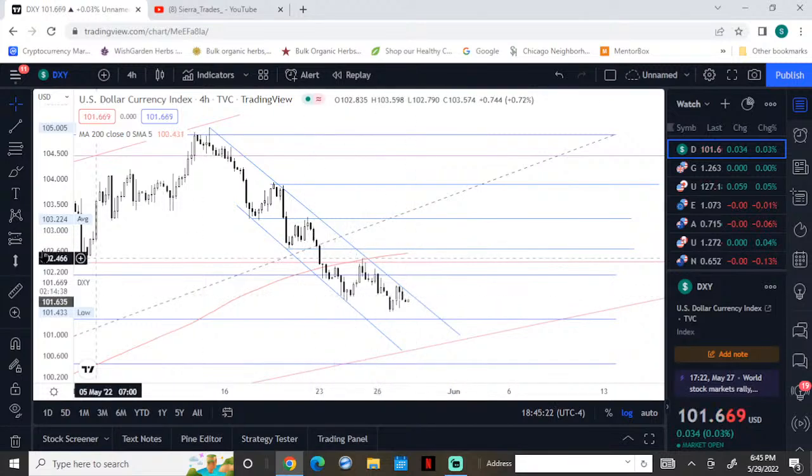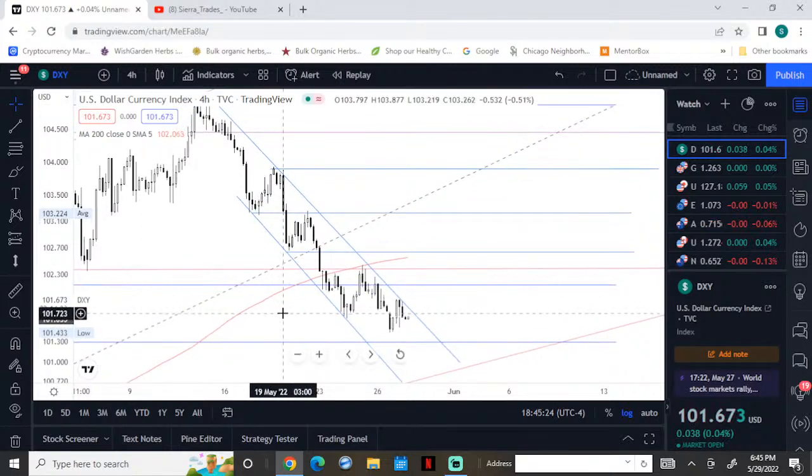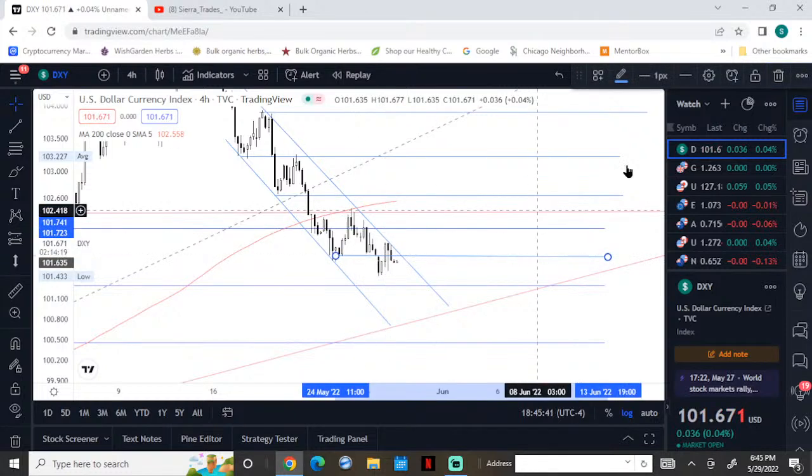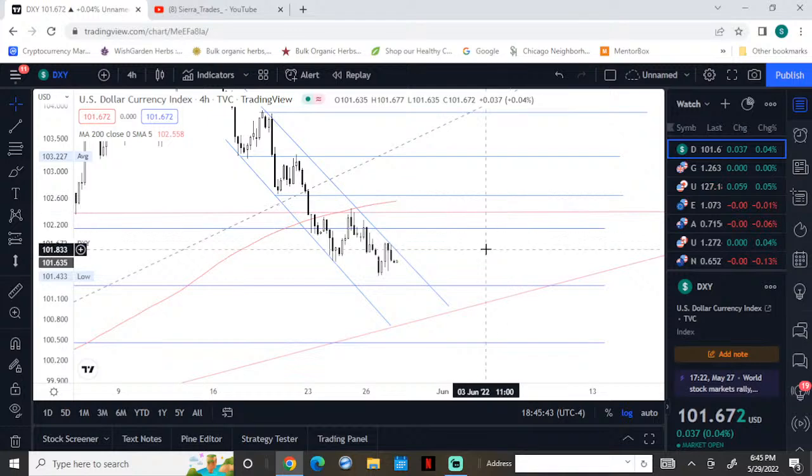And price is, this is where price currently is. And the way that shot up through that, I don't even want to mark that area.